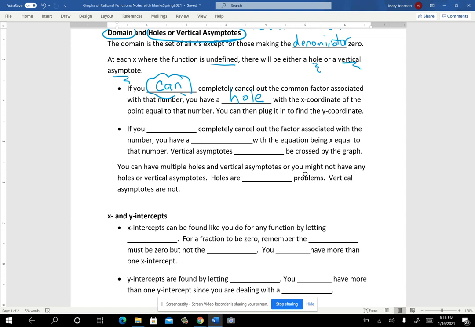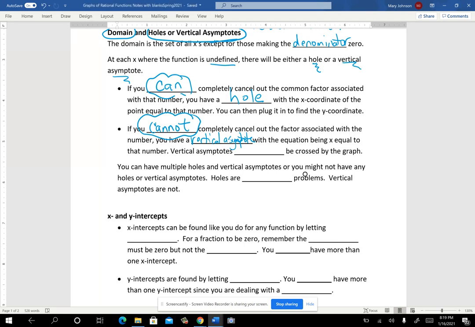And if there's not a common factor and you can't completely cancel out the factor associated with the number where it's undefined, you have a vertical asymptote with the equation being x equals whatever that number is.